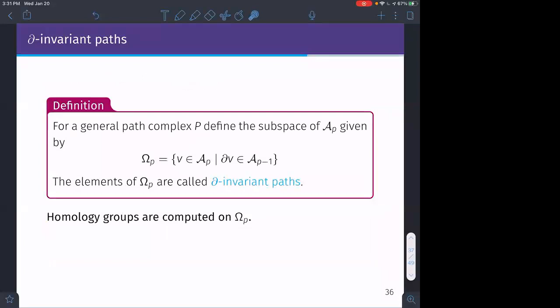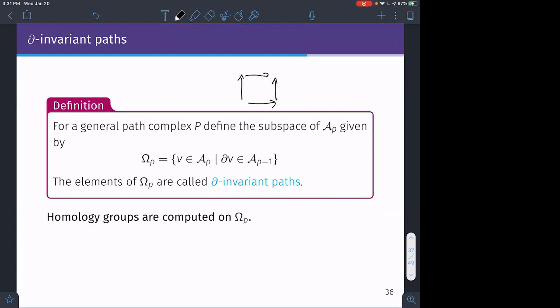So what you do is you define the set of things where this is allowed in the previous dimension. And these are going to be the delta-invariant paths. This is where you're actually going to be computing the homology groups. So in a couple slides, we're going to see this come up again, because this shows up in all three cases.